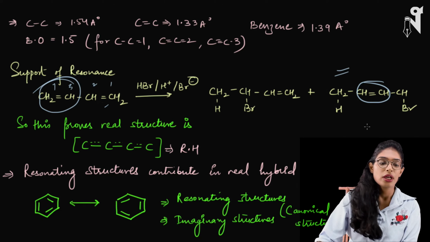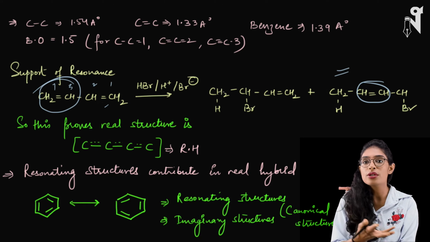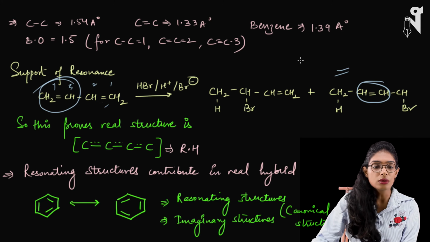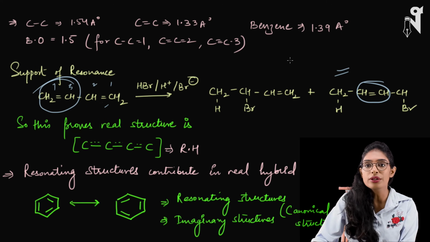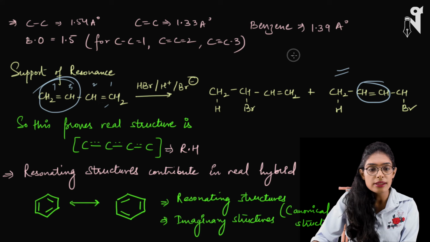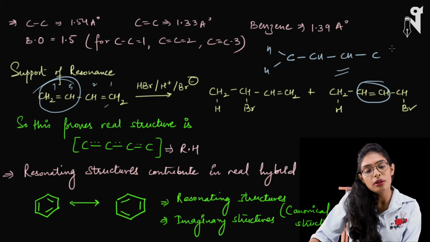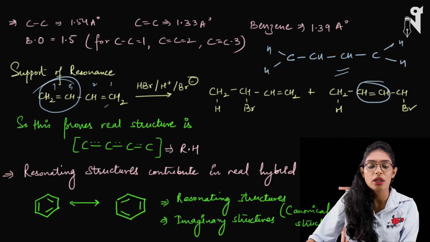Let me just show you. We have just now understood conjugation, so now I think you'll be able to relate it much better. I'm just drawing the orbital diagram. This is my carbon, hydrogen, hydrogen, hydrogen, hydrogen, carbon and hydrogen. So this is my chain, and now let me draw the pi bonds.